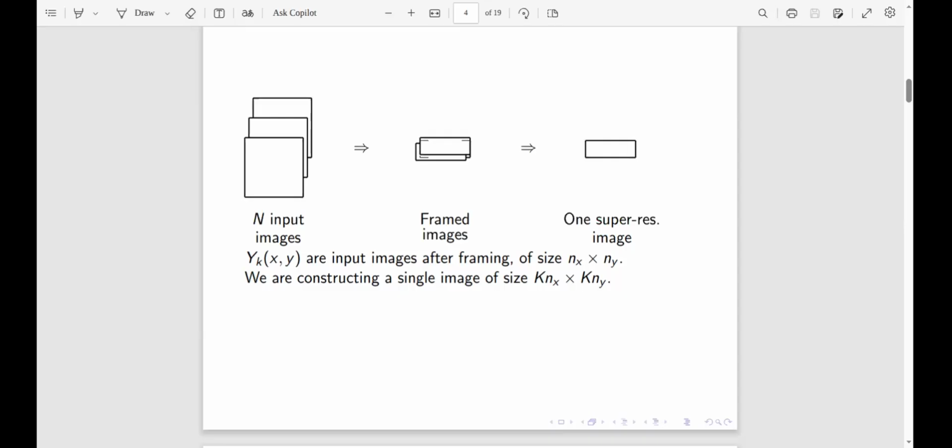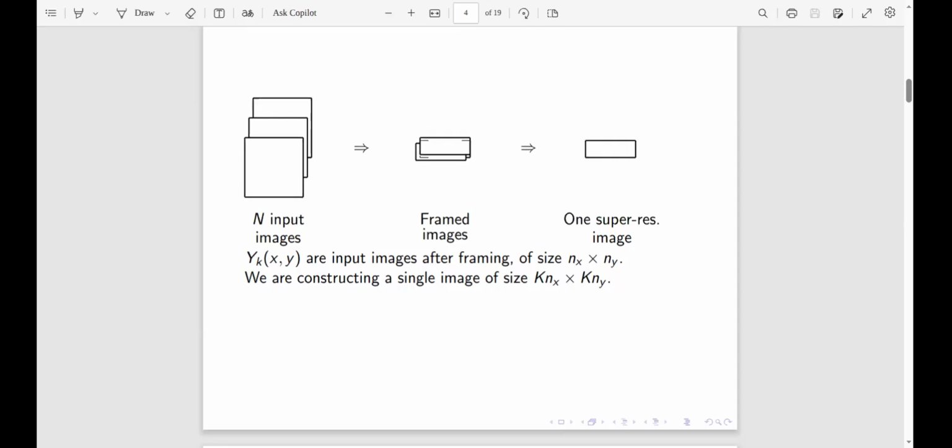But pixels n_x and n_y, could you give an idea of the order? We have n images.